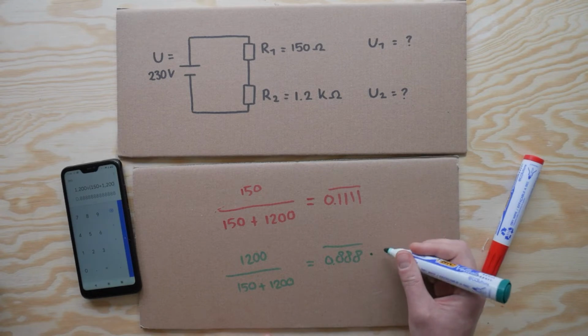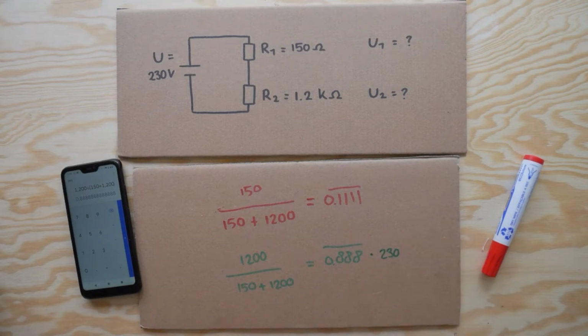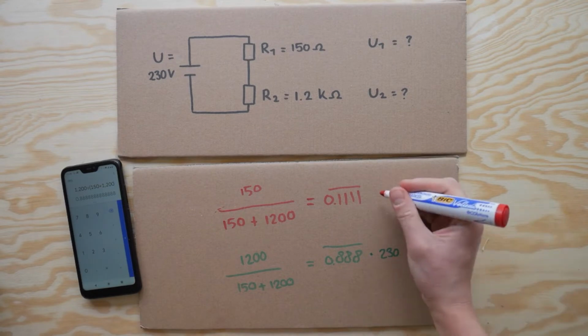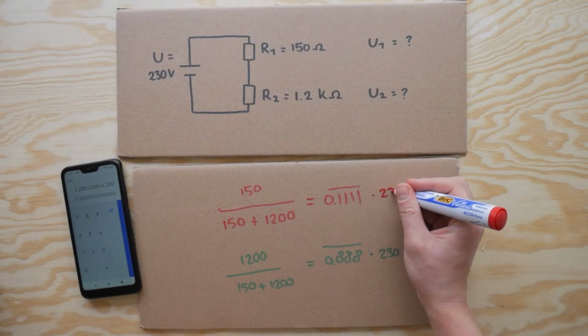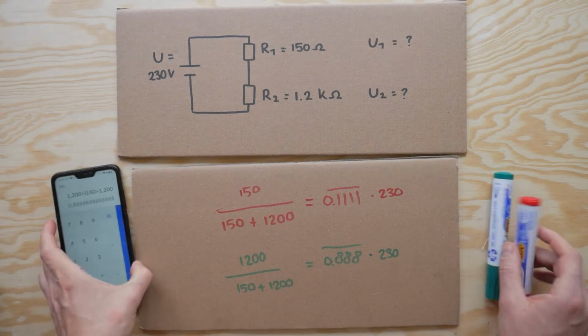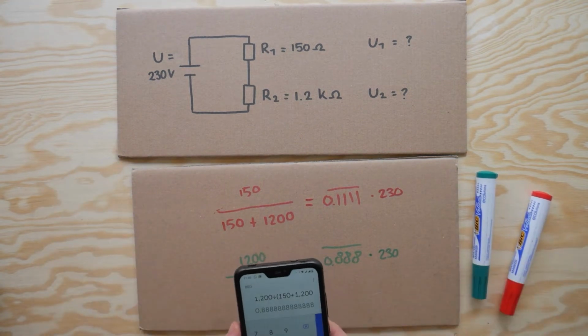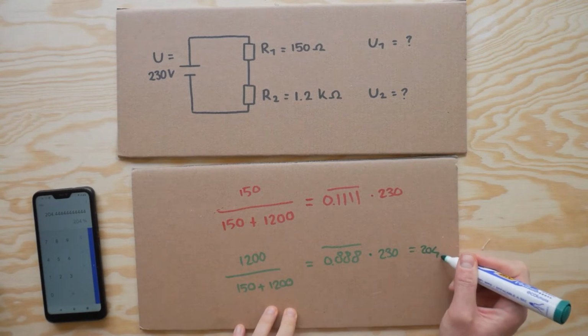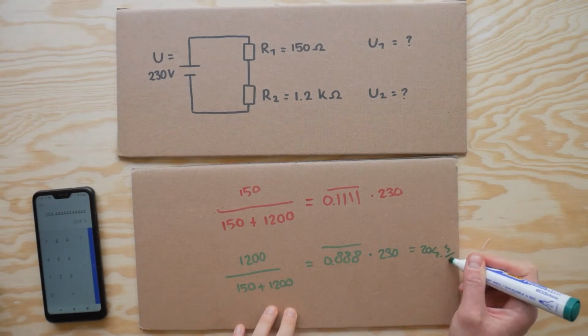So if we do this times 230, and the same goes for this one, times 230, well, what do you get? Let's see, 204.49 volts.